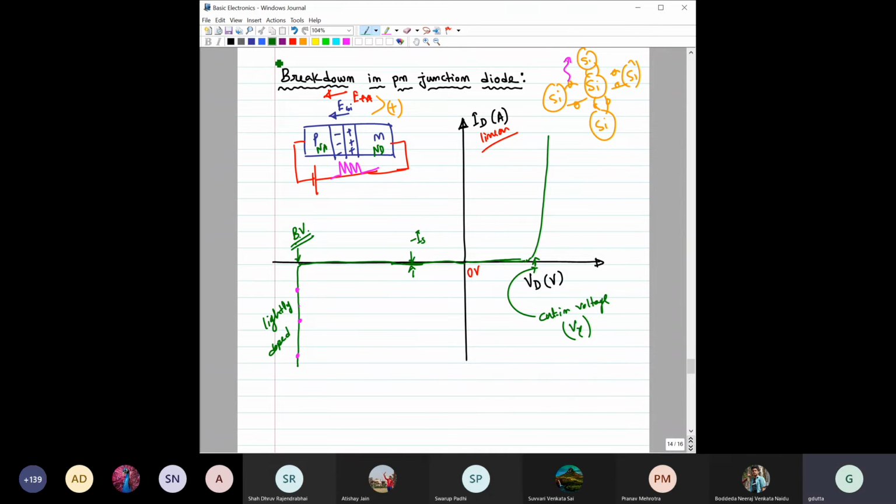This is lightly doped. Whereas if you dope this PN junction heavily, meaning if you have a higher value of ND and a higher value of NA, then this breakdown voltage, say BV1, will be lower. So this is for high doping.